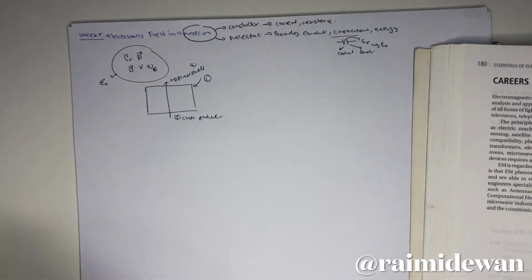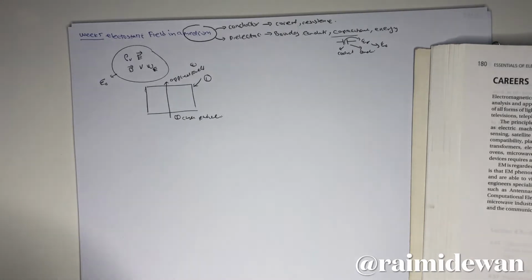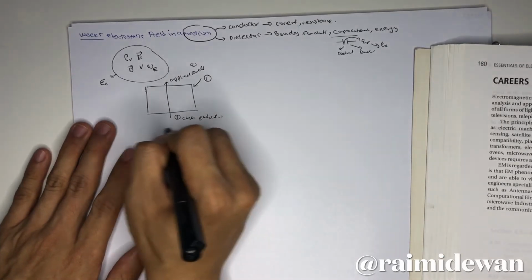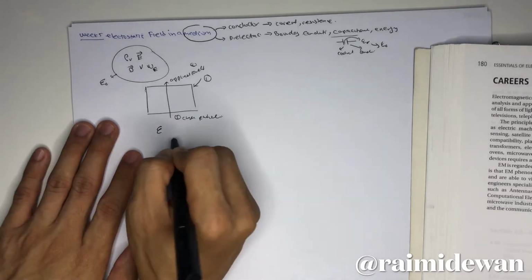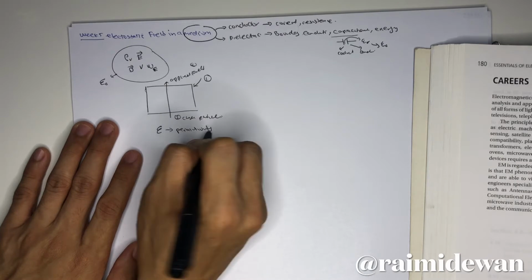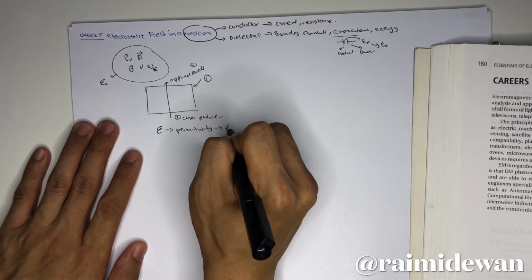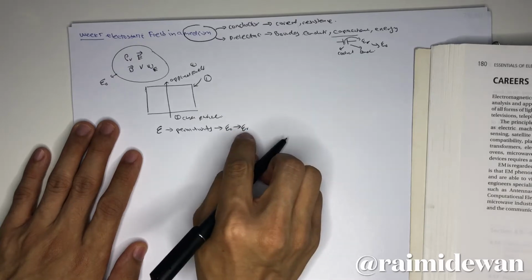Now there are three parameters that we use in order to classify whether a material is able to permit the field to pass through it. We have permittivity, which can be, for example, like this for free space, and this one is with respect to the material.